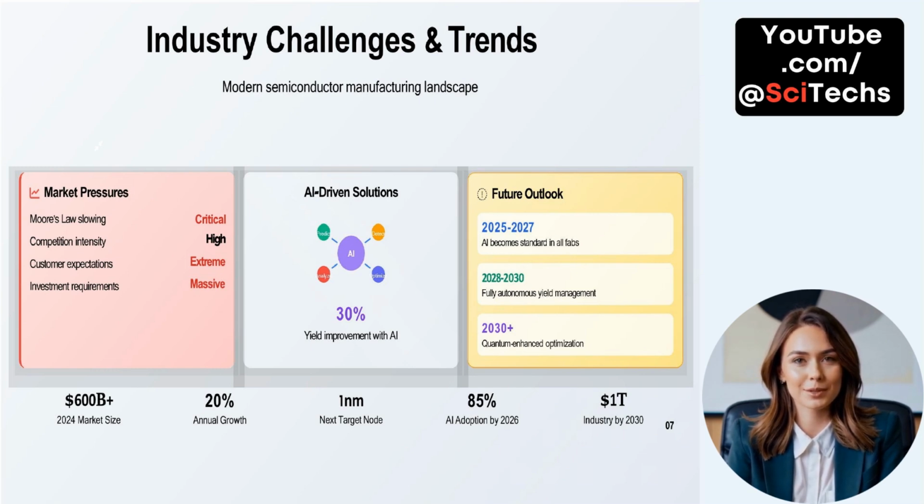By 2030 and beyond, quantum-enhanced optimization may redefine process control. With a $600 billion market size in 2024 and 20% annual growth, the industry is projected to reach $1 trillion by 2030, with 85% AI adoption by 2026 and a 1 nanometer technology node on the horizon.